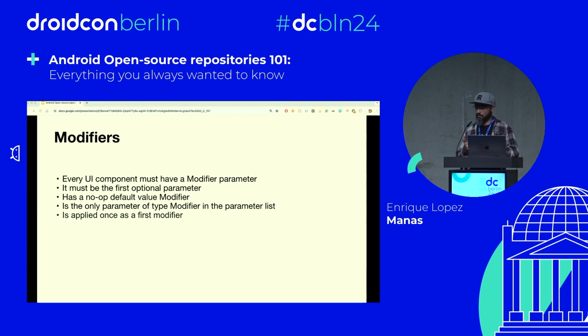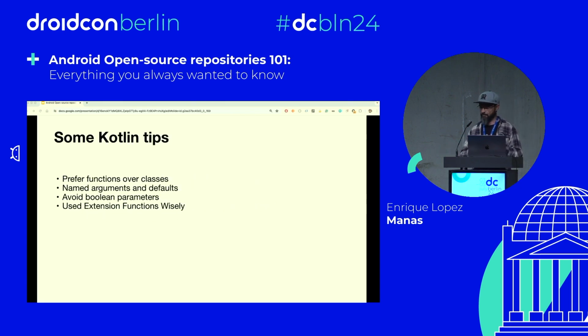There should be only one modifier type in the parameter list, not something like modifier animation and modifier UI. We have a single modifier, and it's applied first. You know that the order of Compose modifiers can change the final result. The modifier always goes first.